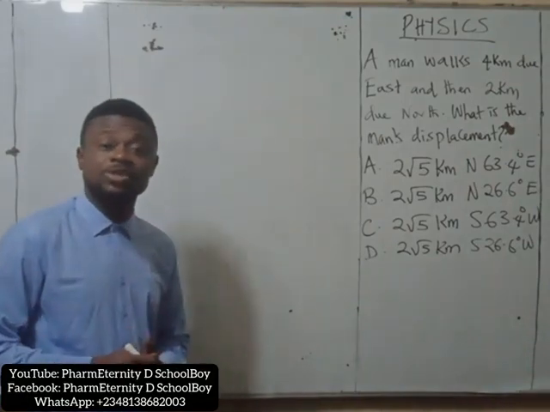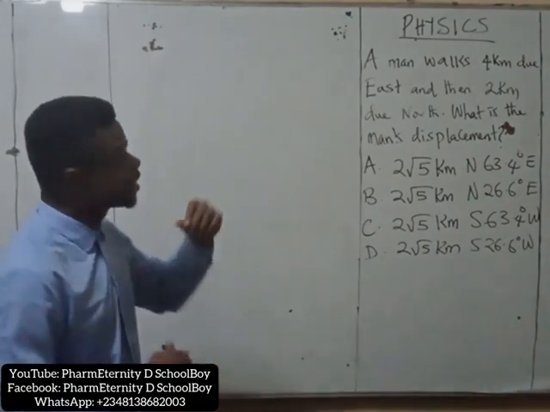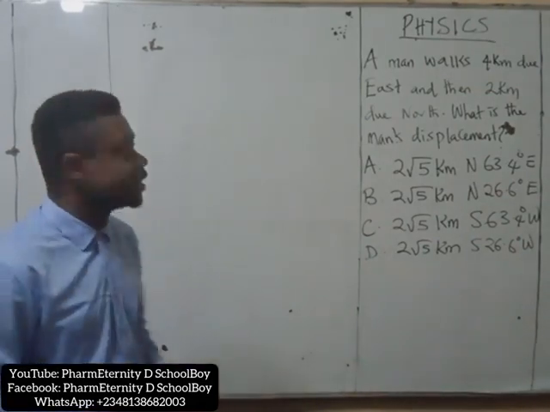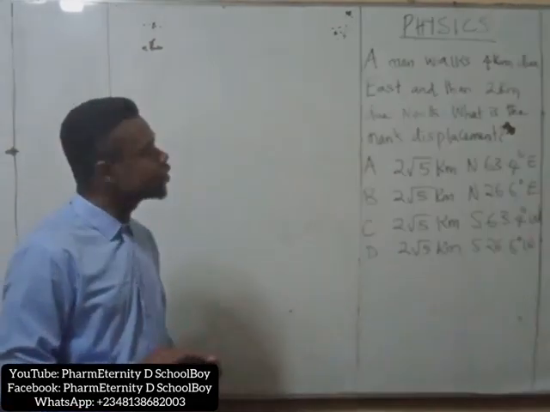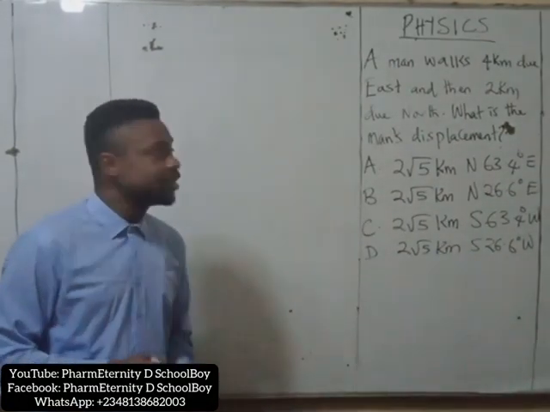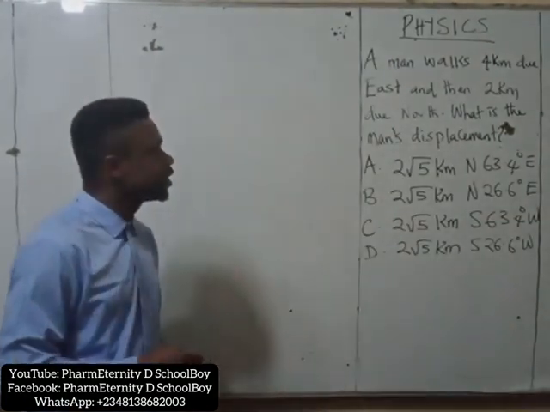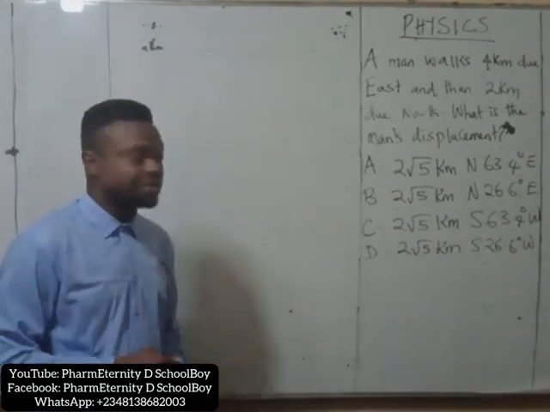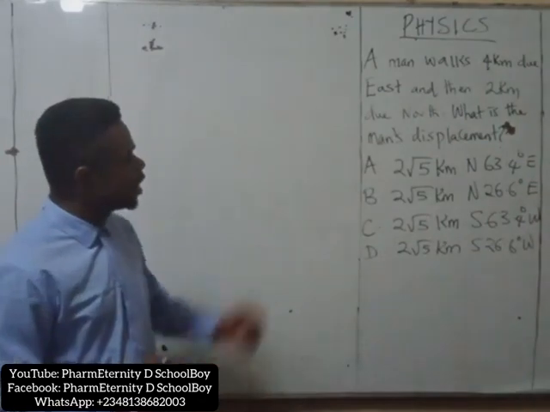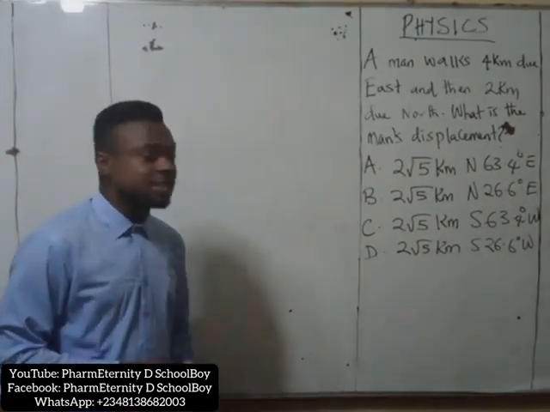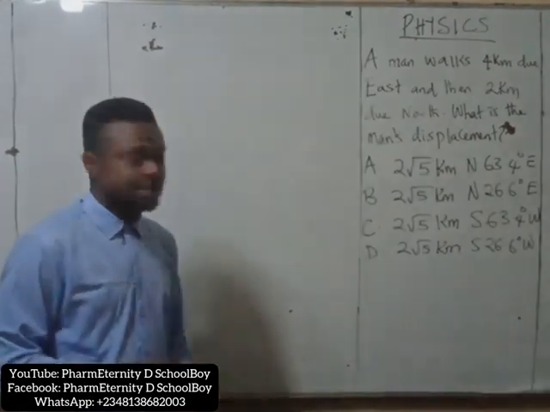Today we are going to take a look at physics, and we have a question on the board. The question says, a man walks 4 kilometers due east and then 2 kilometers due north. What is the man's displacement? Option A, 2√5 kilometers north, 63.4 degrees east.